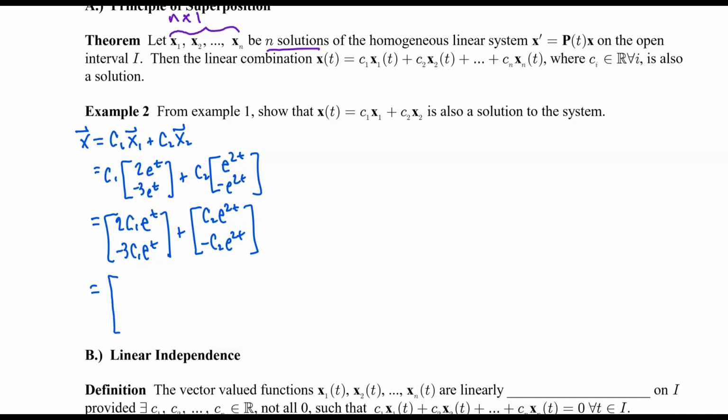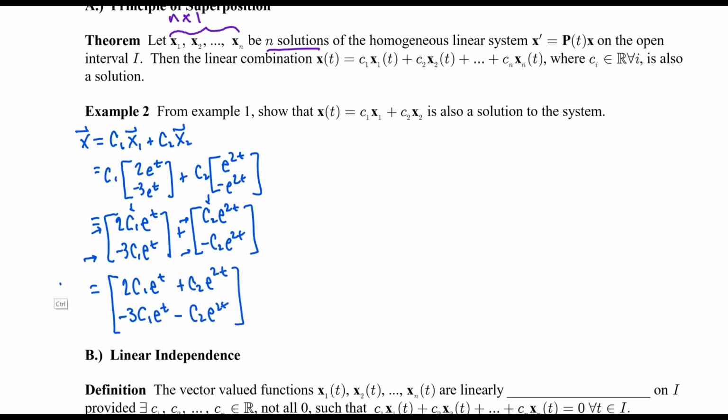When we add matrices, we simply add corresponding components. So I'm going to take row 1, column 1 plus row 1, column 1. This looks like 2 c sub 1 e to the t plus c sub 2 e to the 2t. And then I'm going to add row 2, column 1 to row 2, column 1. We end up with negative 3 c sub 1 e to the t minus c sub 2 e to the 2t.